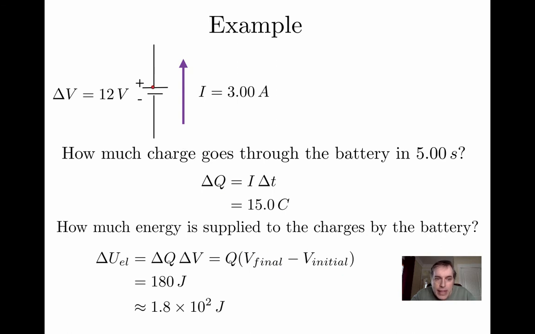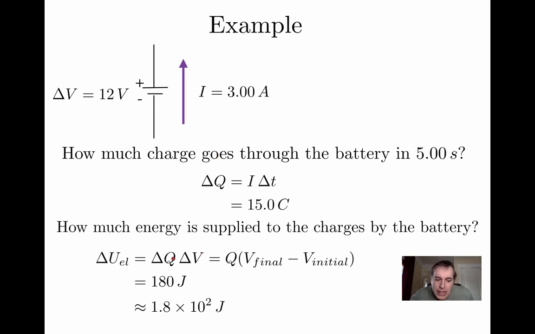So I want the V on this side after it went through the battery minus the V on this side. Because the V here we know is 12 volts above the V here, delta V is just plus 12 volts, because we went from this side to this side.